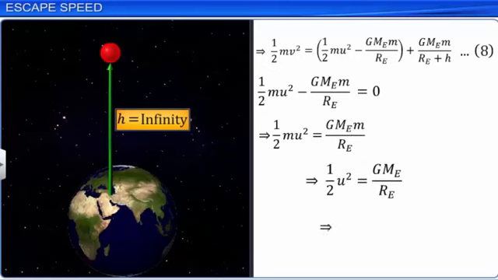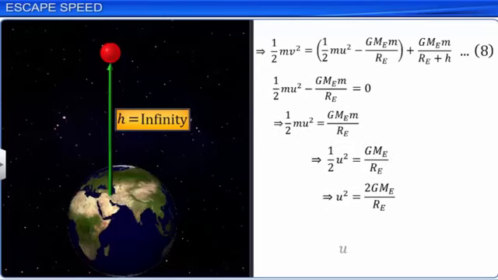Rearranging the terms in the equation and simplifying, you get the value of U as given by the equation U is equal to square root of 2 GME divided by RE. Let this be equation 9.